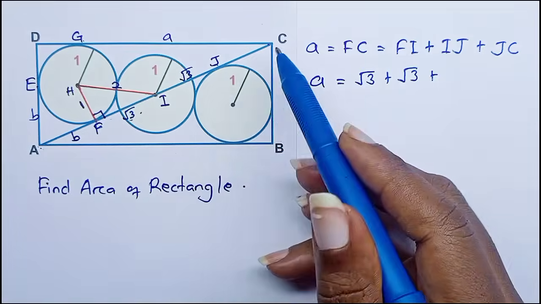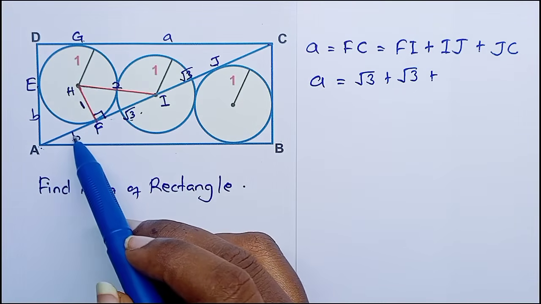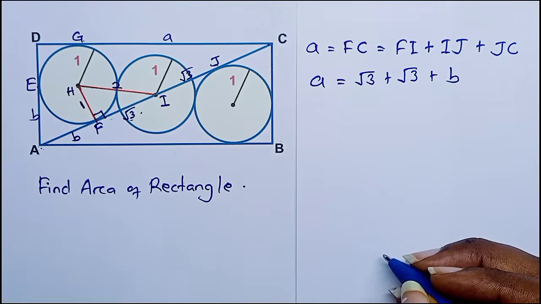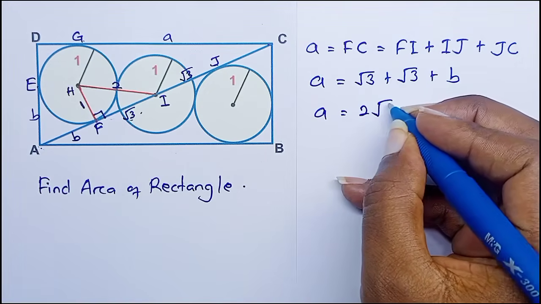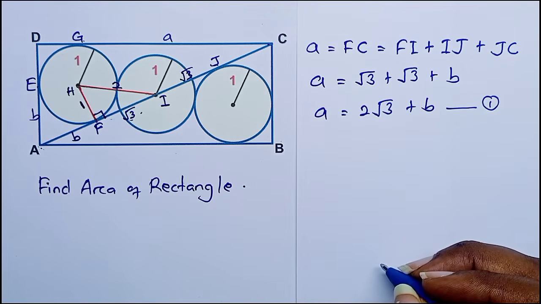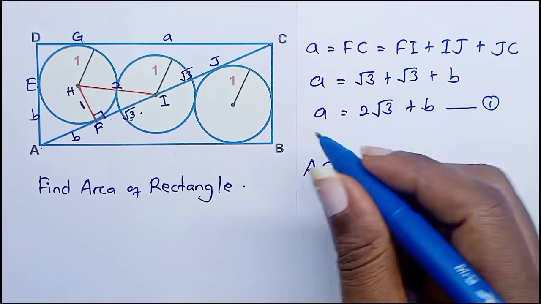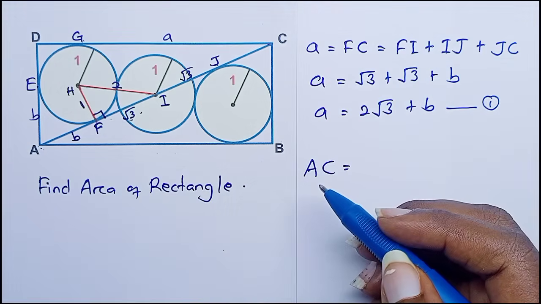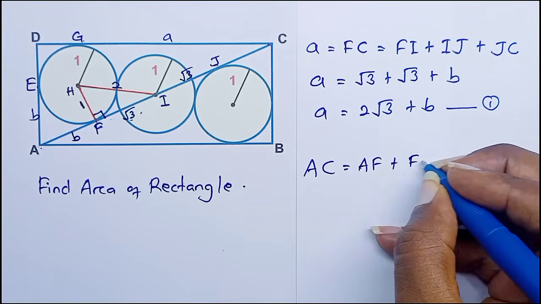We said JC is congruent to AF, and our AF is B. So this will be plus B. And so A is equal to this plus this, which gives us 2 root 3 plus B. Let this be equation 1. Now diagonal AC is equal to AF plus FC.